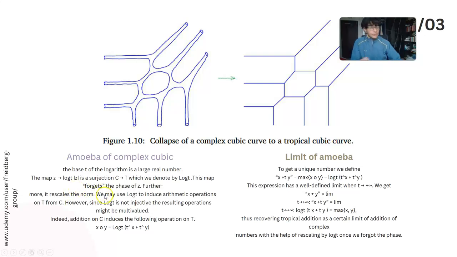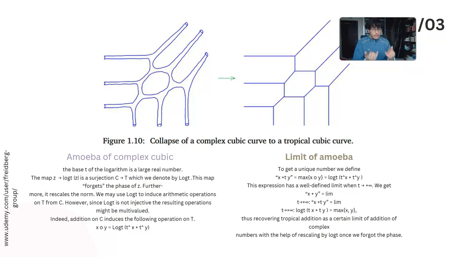And then we may use log t to define operations on this. This converts our whole polynomial into something very simple. Instead of having something of x into y into z, the fact that you're taking log means that log of xy is equal to log of x plus log of y.